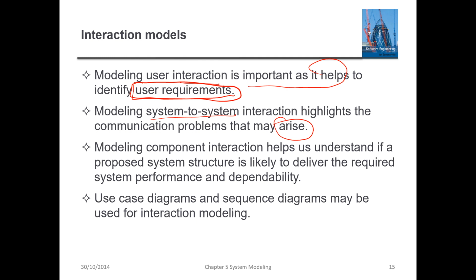Modeling component interaction helps us understand if a proposed system structure is likely to deliver the required system performance and dependability. Here, a use case diagram and a sequence diagram may be used for interaction modeling.